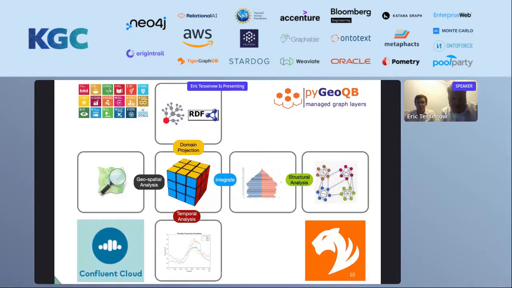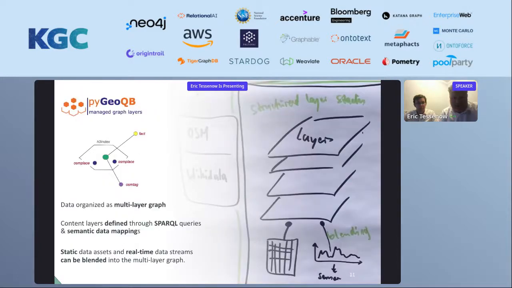We wanted to avoid the hassle of cross-domain ontology mappings. Instead, we integrated the data assets on the metadata level. We manage the data streams in layers, or the data assets in layers. So our layers form a property graph, and multiple layers of the property graph can be combined.